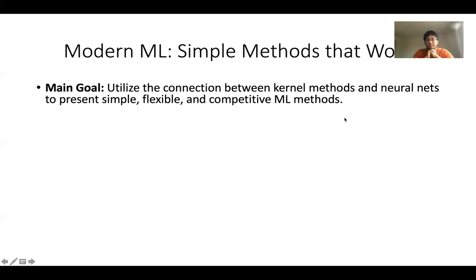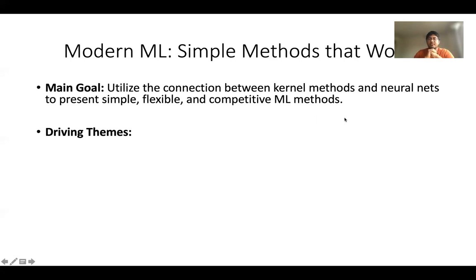We're going to utilize some recent work that has connected kernel methods and neural networks, and we're going to build this simple, flexible, and competitive framework for machine learning algorithms that provide very good results. In fact, these results are quite competitive with what you would get with deep learning models.